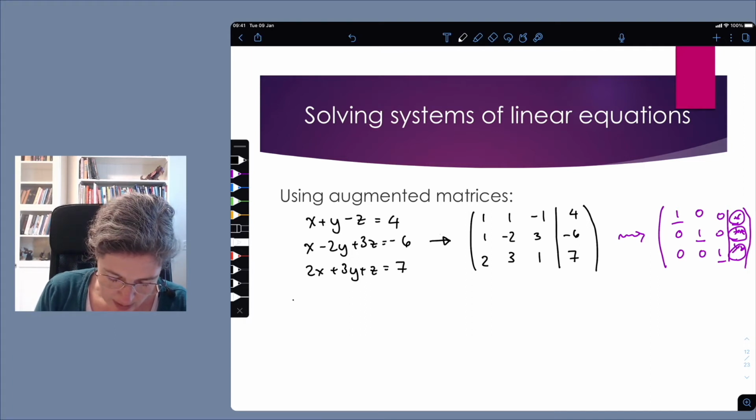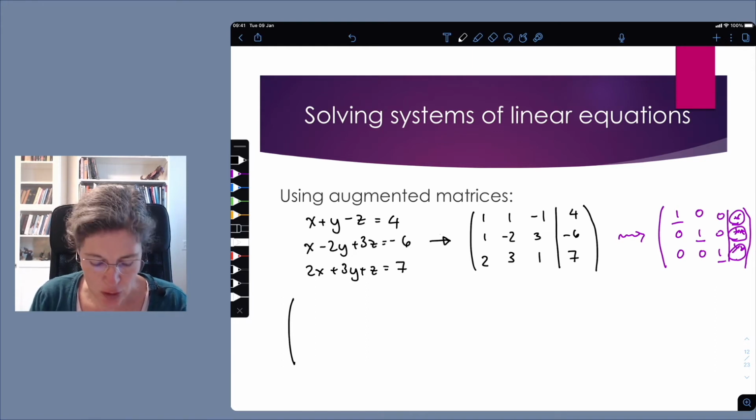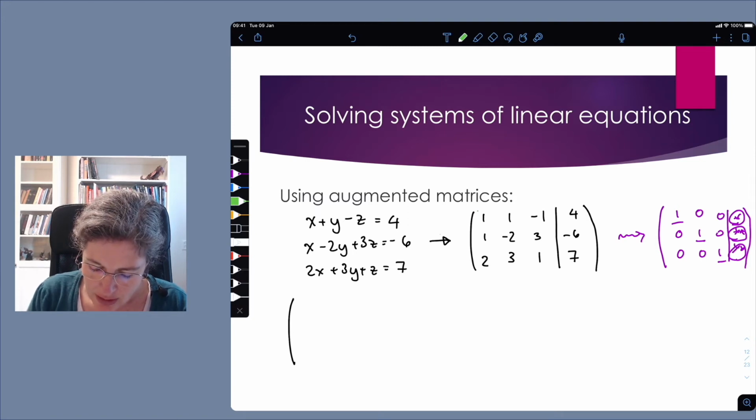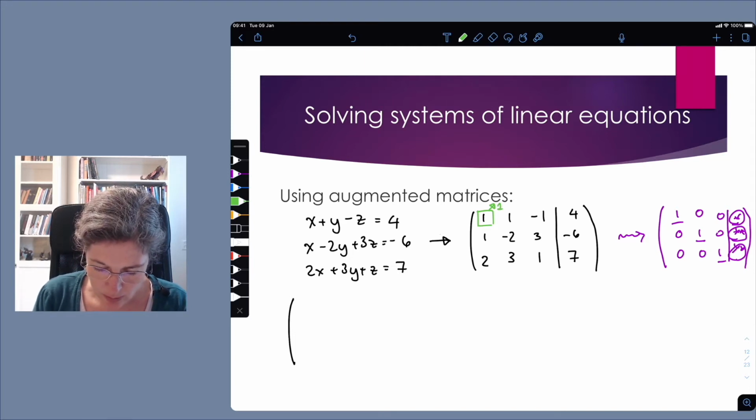So the first thing is we always, and this is going to be part of our routine when we write it down officially, the first thing is to make sure that our top left hand entry is a 1. So if it wasn't a 1, we'd do something to transform it, but hooray, it is, so we're good.